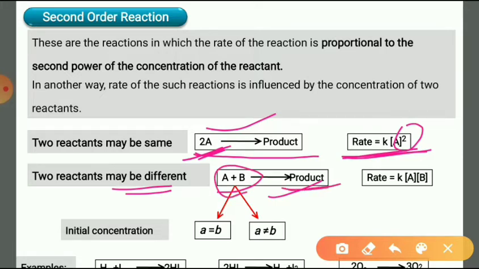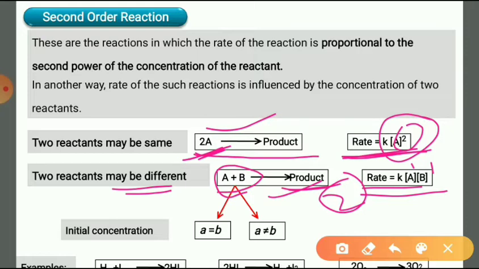After applying the law of mass action, we get the rate equation: rate equals k into the molar concentration of A into the molar concentration of B. In this rate equation, the powers of the molar concentration of both reactants are 1 and 1. If you add these two, you get the order 2, that is a second order reaction. So in either case, whether the two reactants are the same or different, the order of reaction is 2.